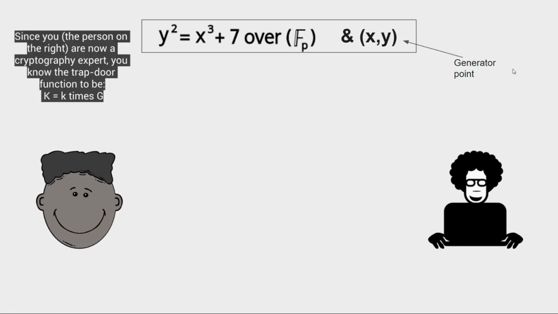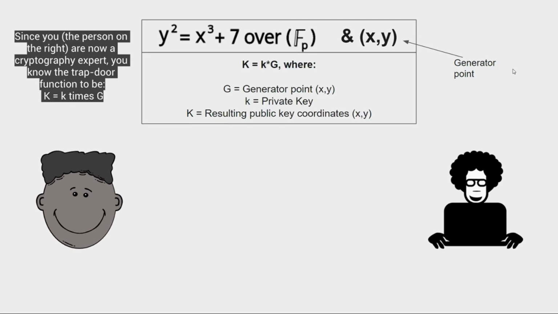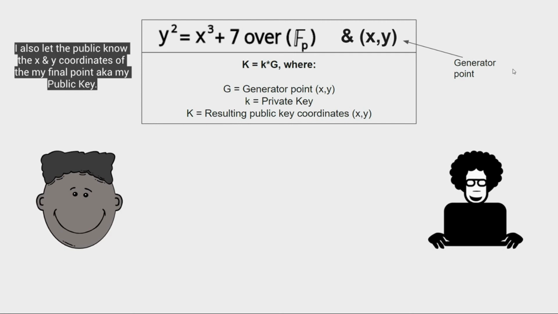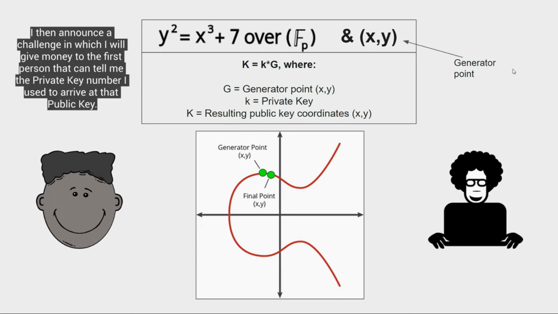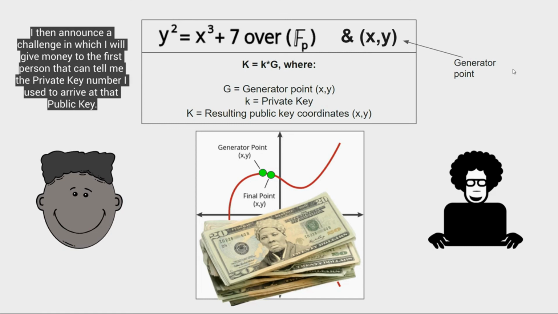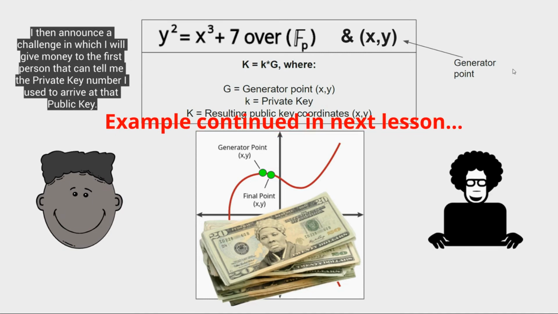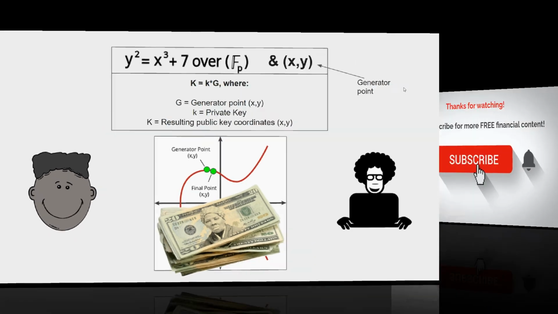You know the trapdoor function of that curve to be capital K equals lower k times G. I also let the public know the coordinates of the final points of my public key. I then announce a challenge in which I will give $1,000 to the first person that could tell me the private key I used to arrive at that public key.